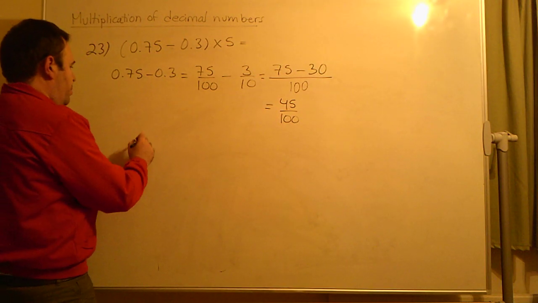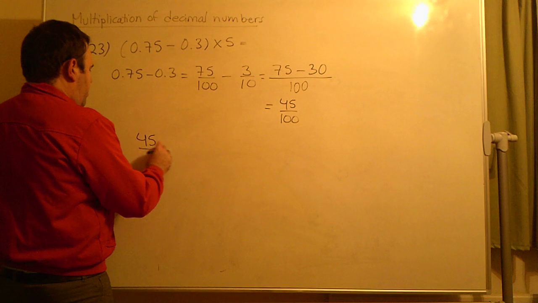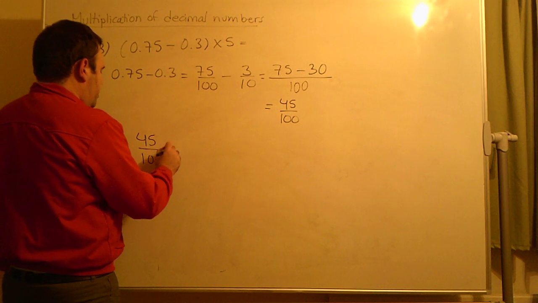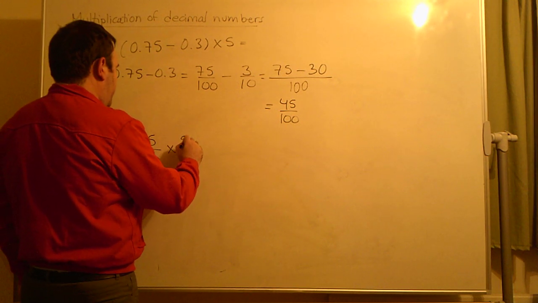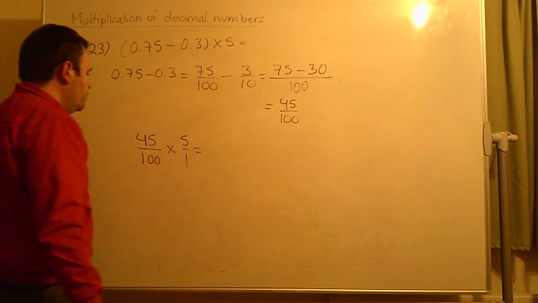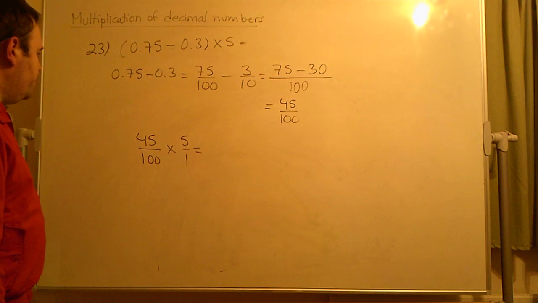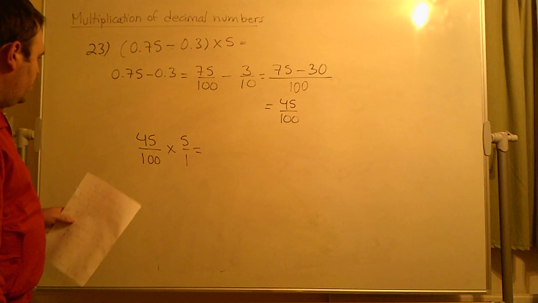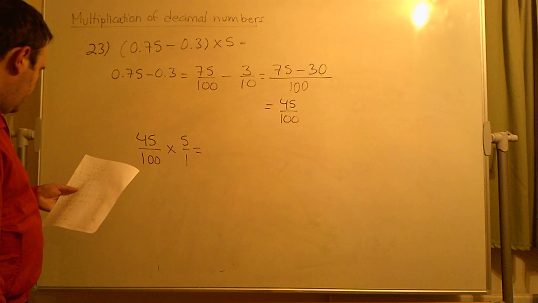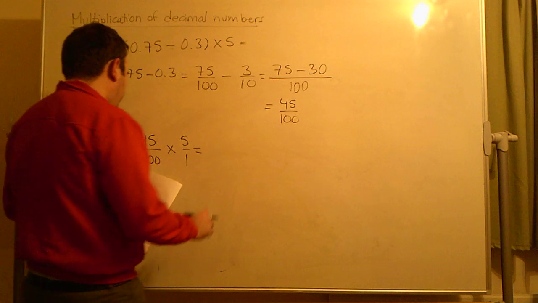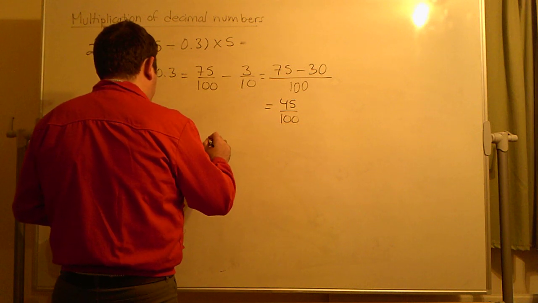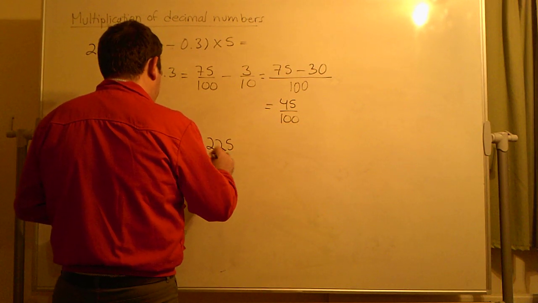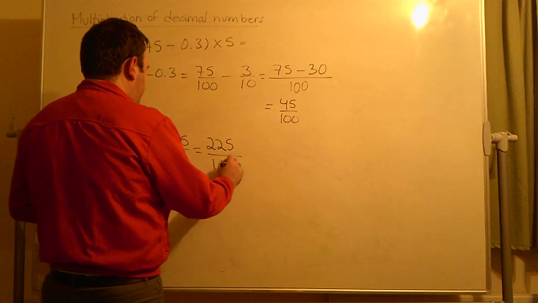So now we need to multiply 45 divided by 100 times 5 divided by 1. Okay? So this would be 225 divided by 100.